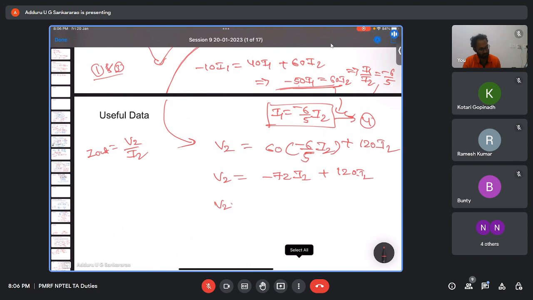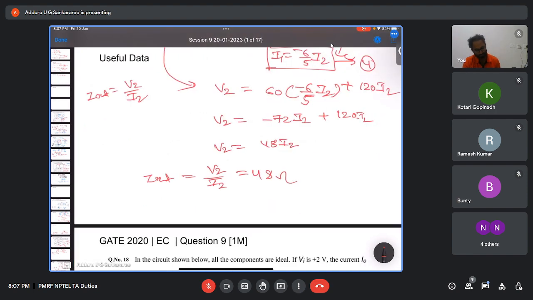So V2 equals how much? 48 I2. So V2 by I2 is nothing but 48 ohm. This is nothing but our output.